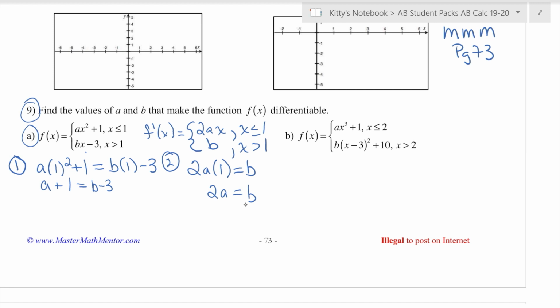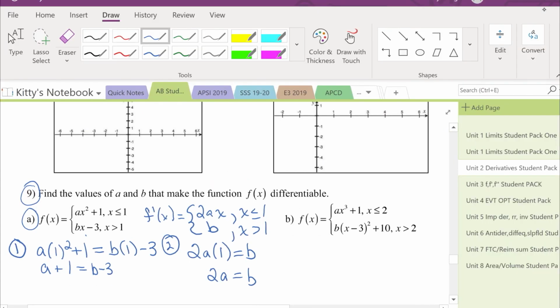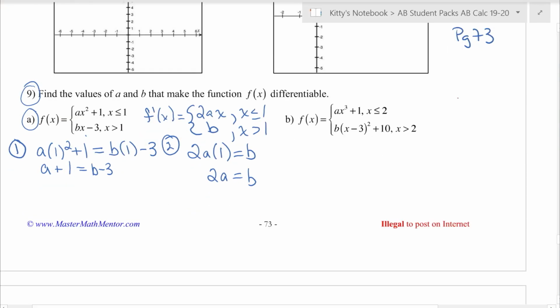Again, we have a statement with a and b both in it. But now we have two statements. We have a statement about continuity and a statement about slopes that are talking about the same a and b. So I am going to get another color pen, because y'all know I like my colors. I'm going to take this statement and plug it into that statement. So I'm going to write a plus 1 is equal to 2a minus 3.